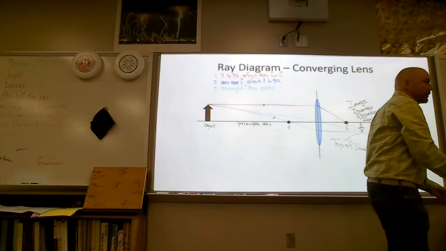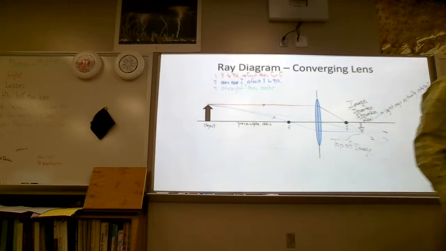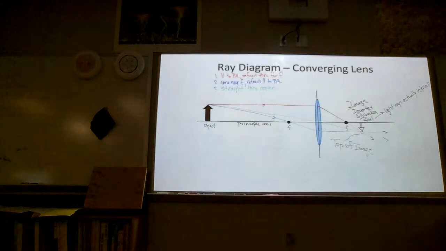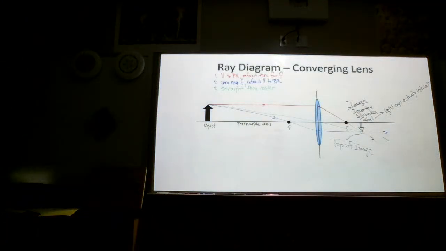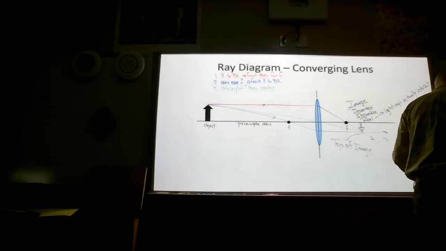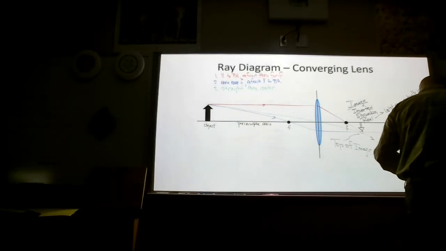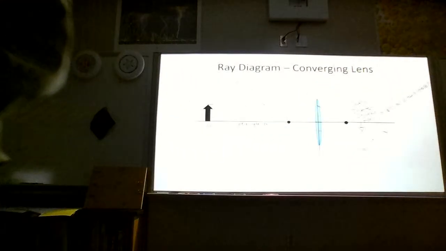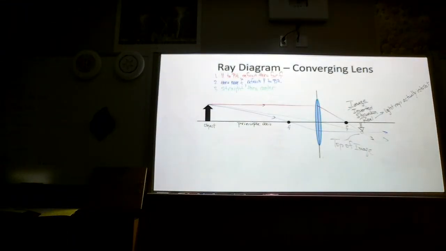Here's what I want you to do. Take a piece of paper. You don't have to rip anything out, just hold up your notes or something. Take your magnifying glass and hold it.